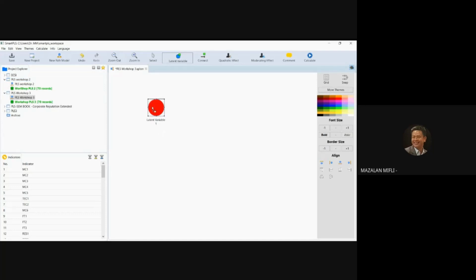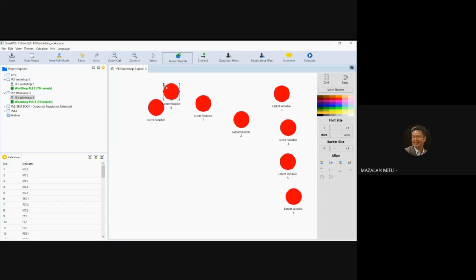This is what you're supposed to do. We have the IV, we have the DV, and my DV consists of 4 dimensions. Then I have the mediators with a second order construct as well, and then I have my moderator with 3 dimensions.